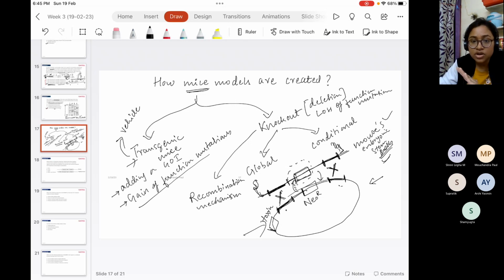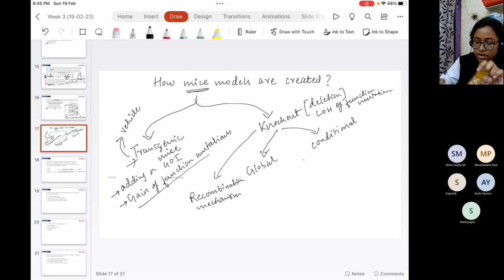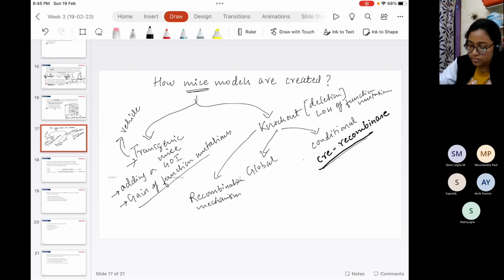But in a conditional knockout, what happens? Here also the recombination mechanism is going to happen, but we use the Cre recombinase enzyme, and this enzyme allows site-specific recombination at sites where there is LOXP.